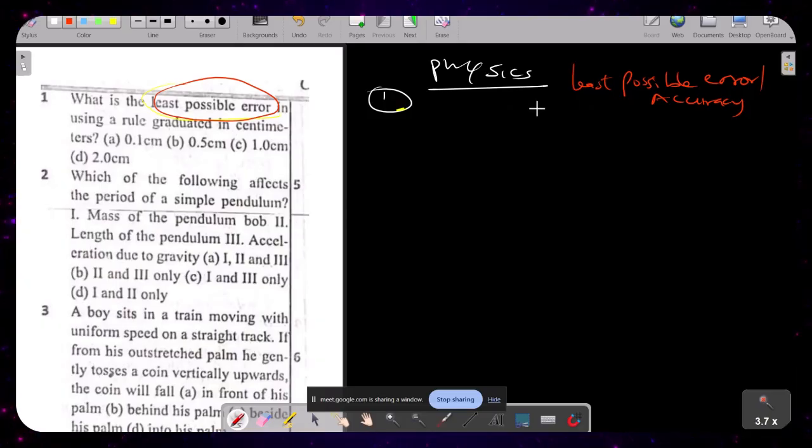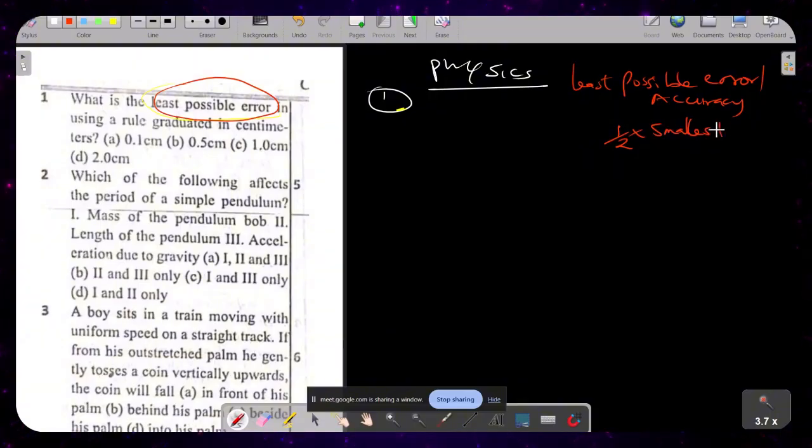Now the first thing you will have to know is this: to get the accuracy or the least possible error of any measuring instrument, the first thing you need to do is multiply the smallest division of that instrument by half. So you say half times the smallest division of that instrument, and from that you get the accuracy.